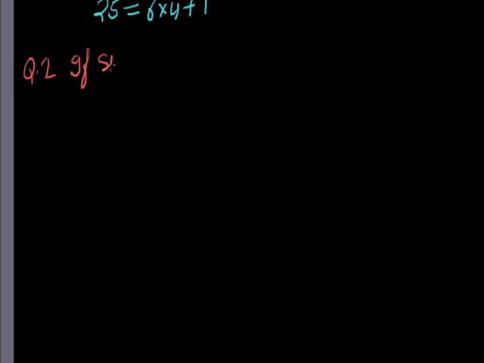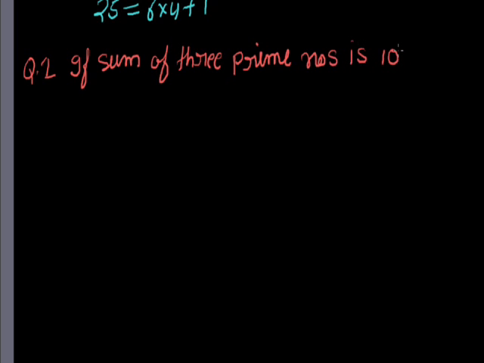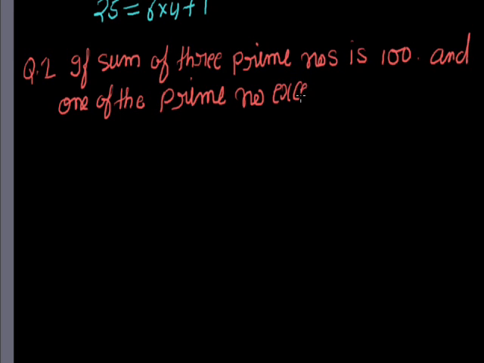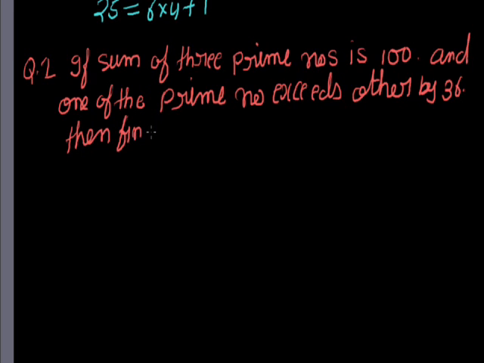If the sum of three prime numbers is 100 and one of the prime numbers exceeds the other by 36, then find all the prime numbers.